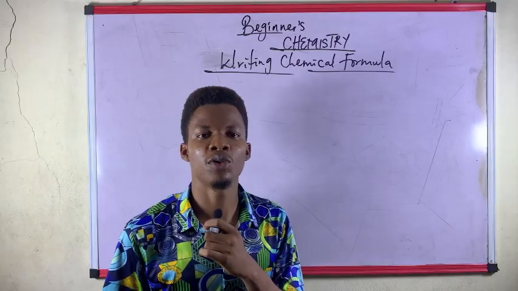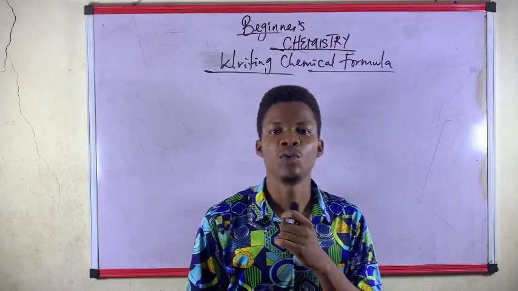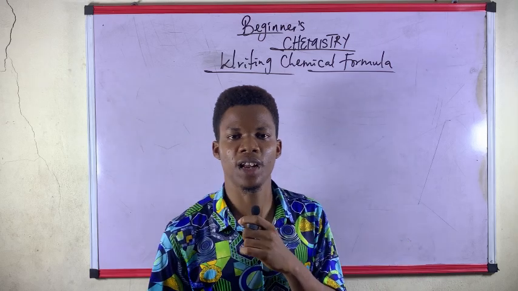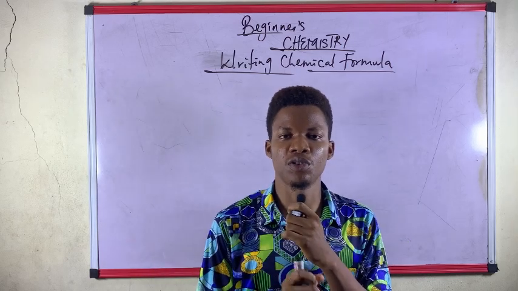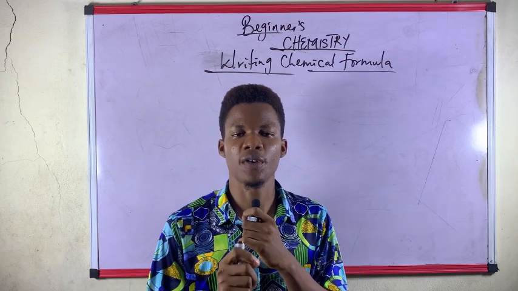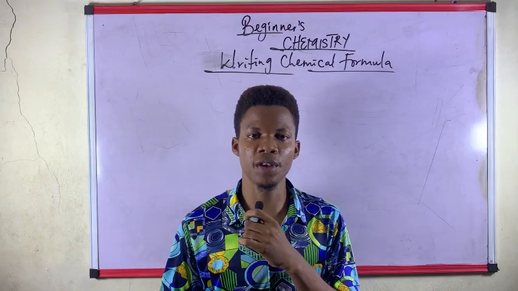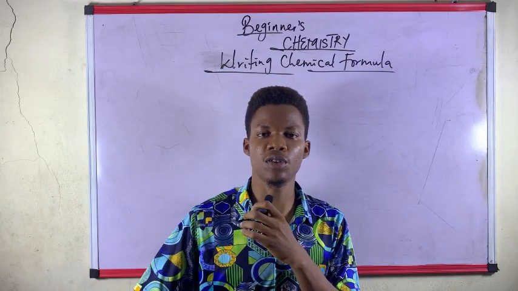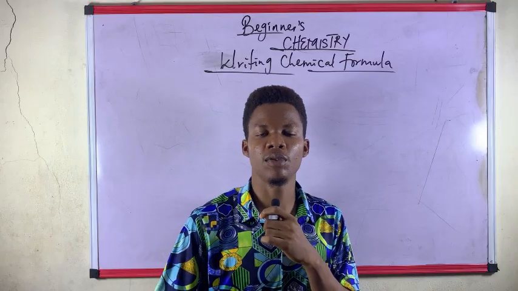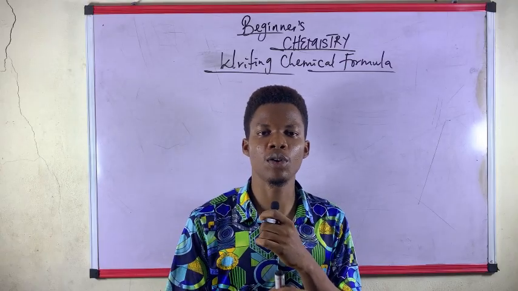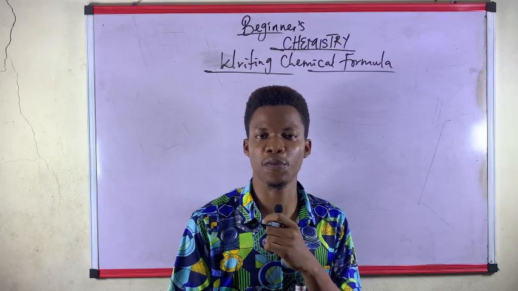Your ability to write chemical formula will save you in a lot of aspects of chemistry, especially the area of chemistry known as stoichiometry. If you're able to write chemical formula, concepts like stoichiometry, even other stoichiometric concepts like calculating percentage composition of a compound, will be very easy for you.